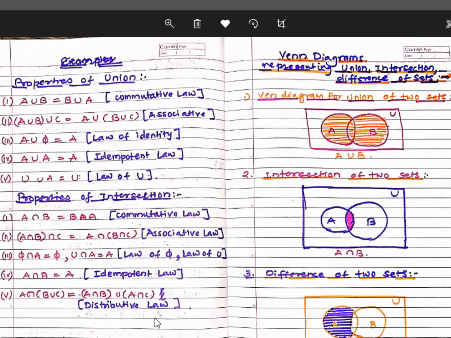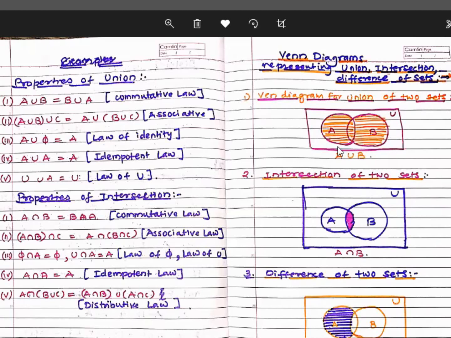Okay, now let's see the representation of the union, intersection and difference of the sets using Venn diagram. If you just observe the diagrams, you can come to know how to represent the union, intersection and the difference of two sets. Union, by definition, is the set of all elements present either in A or in B or in both.